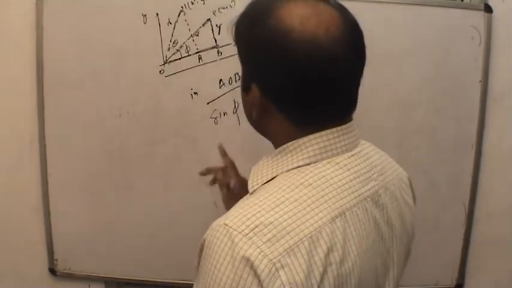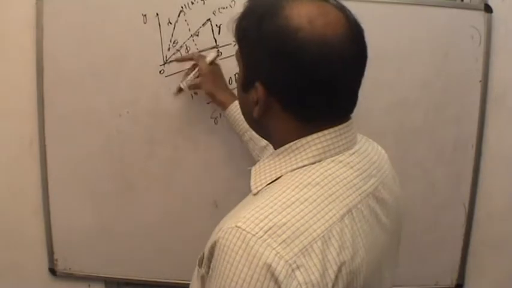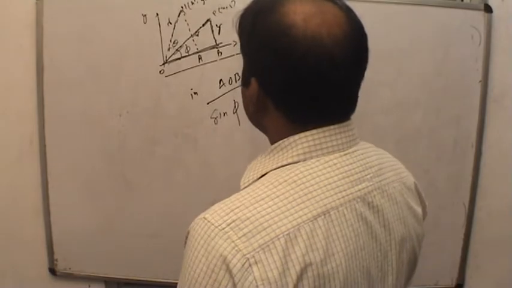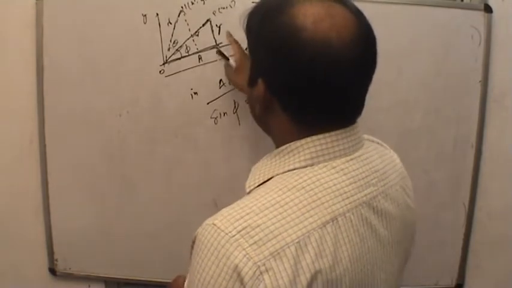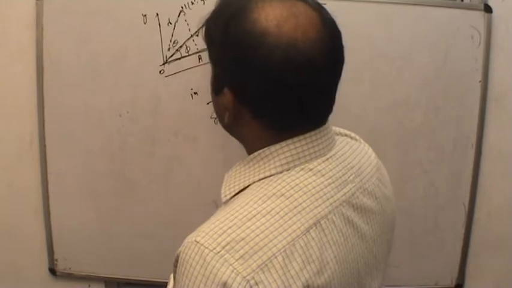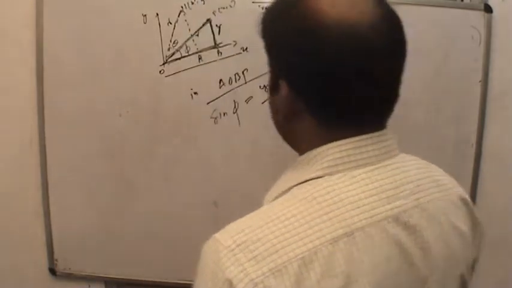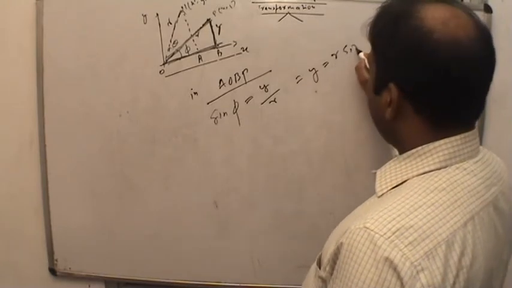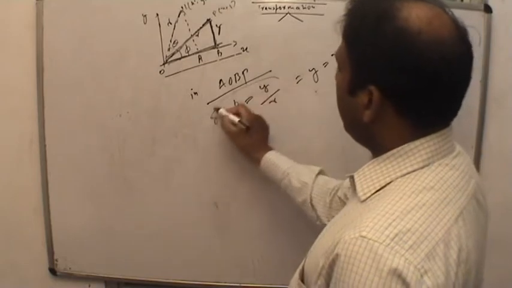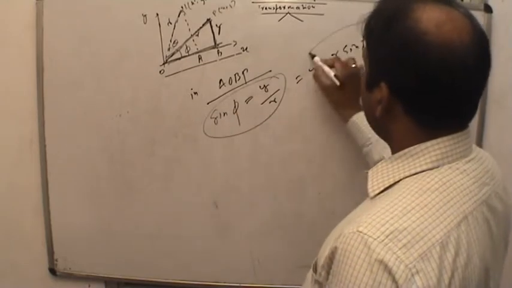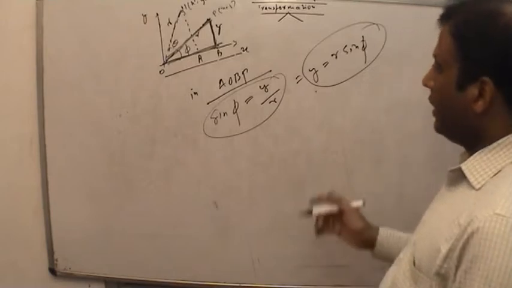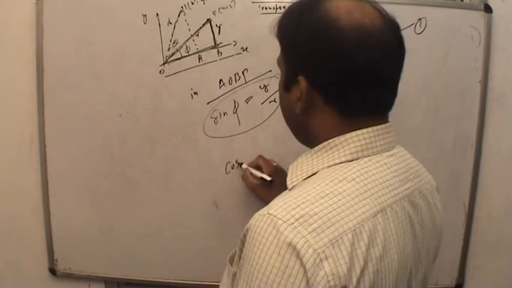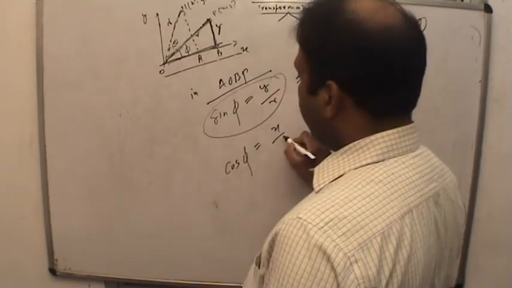The formula of sine is y by r, so we can say that y equals r sine phi. This is going to be equation 1.